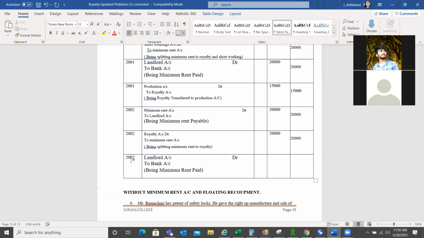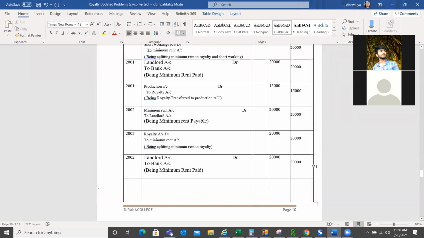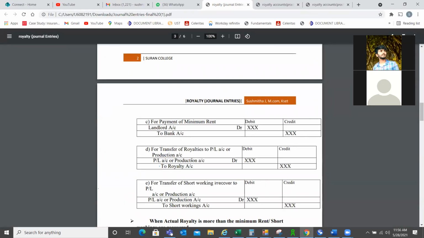That is 2002. We are transferring a minimum rent of 20,000 to this landlord account from our bank, right? Then after this landlord account, what is the thing that we have to write? We have to transfer the royalties, right? To which account?